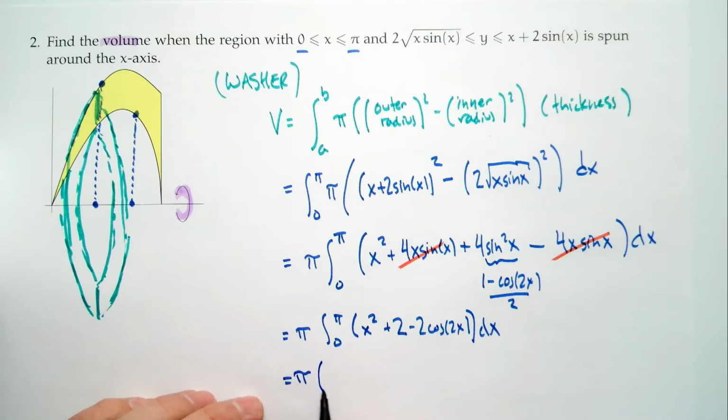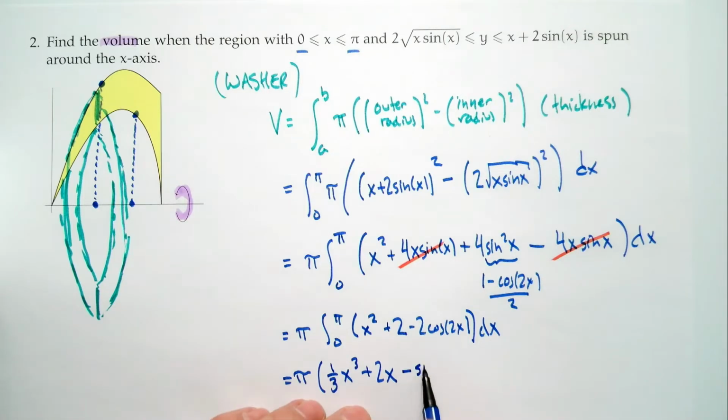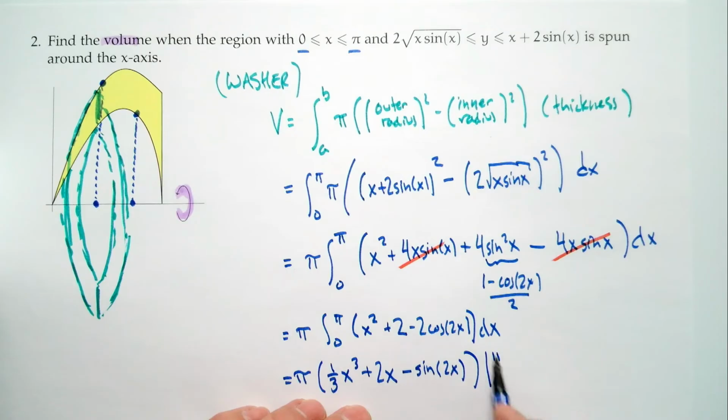So let's integrate. Integral of x squared? A third x cubed. Integral of 2? 2x. Integral of 2 cosine 2x? Sine 2x. And the sign will not change. So minus sine 2x. Evaluate that from 0 to pi. So we plug that in.